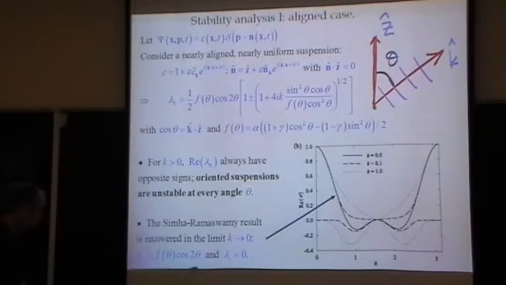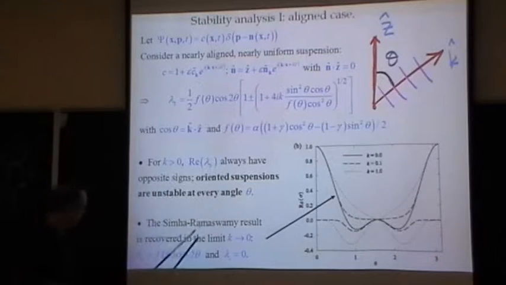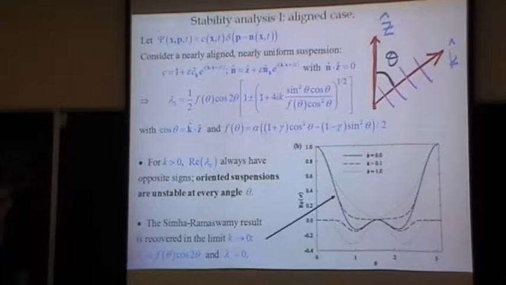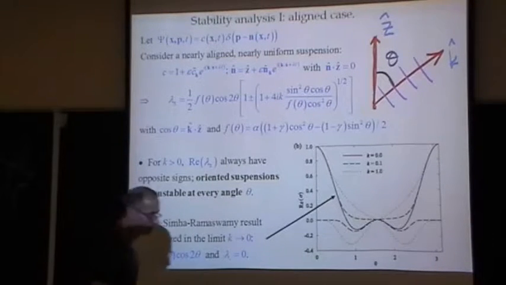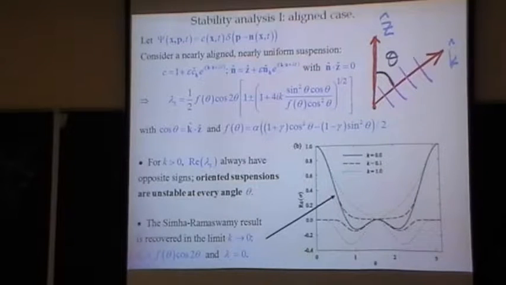Ramaswamy and Simha have one branch of this, which we pick up in the long wavelength limit. But we pick up another one that actually agrees with what we see in our numerical simulations, namely, we have instability in any direction of the plane. So in that sense, it captures the Simha and Ramaswamy theory as a long-wave version of our theory.